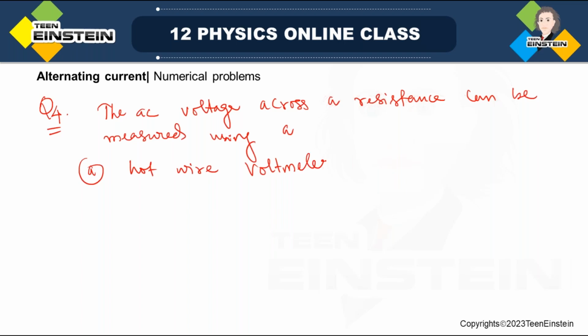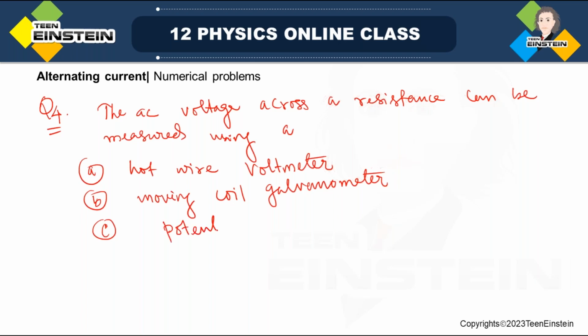The second option is moving coil galvanometer, option C is potential coil galvanometer, and moving magnet galvanometer.